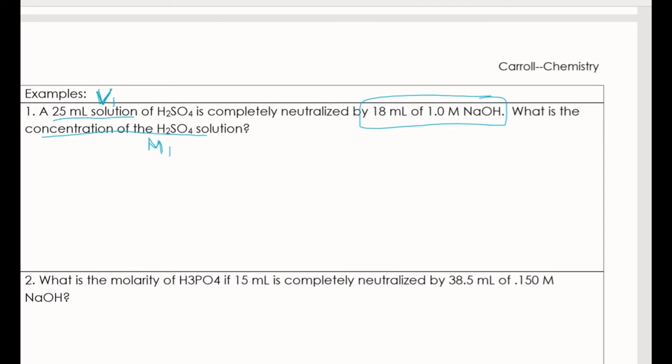And it wants to know what is the concentration of that H2SO4. So it's asking for M1, and then these other numbers are M2 and V2. Basically, it doesn't matter which one's M1 or V1, as long as the numbers that are together stay together.